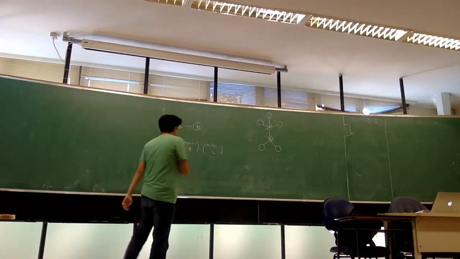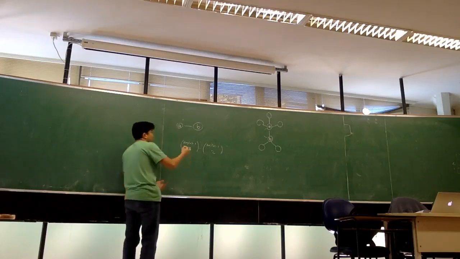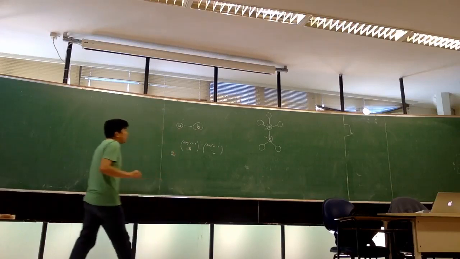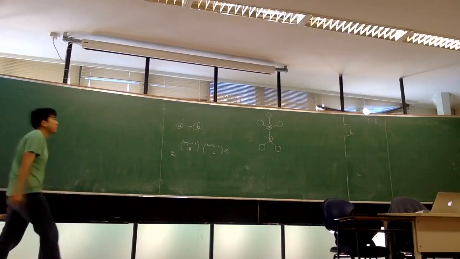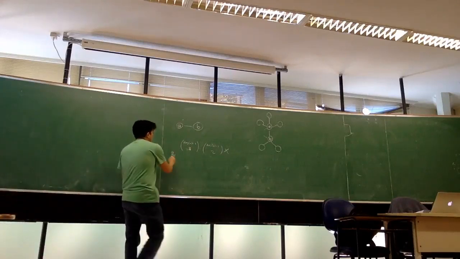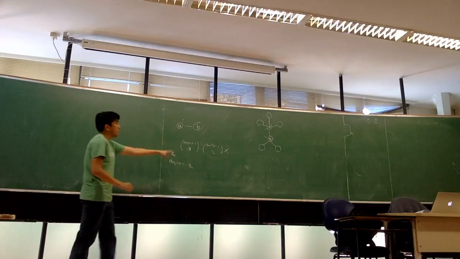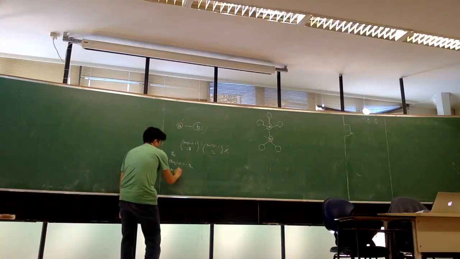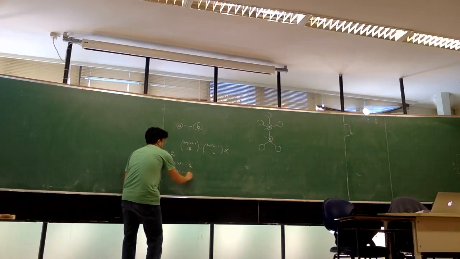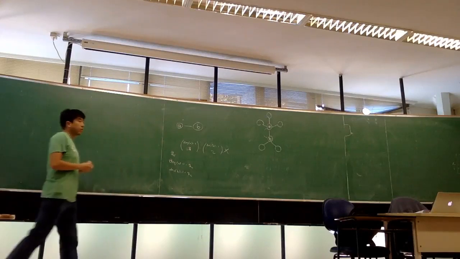Well, the first thing you could do is to count the number of common neighbors of A and B. Let's say this number is QC. So we know that A has degree of A minus 1 minus QC neighbors that are not neighbors of B, and B has degree of B minus 1 minus QC neighbors that are not neighbors of A. Okay.